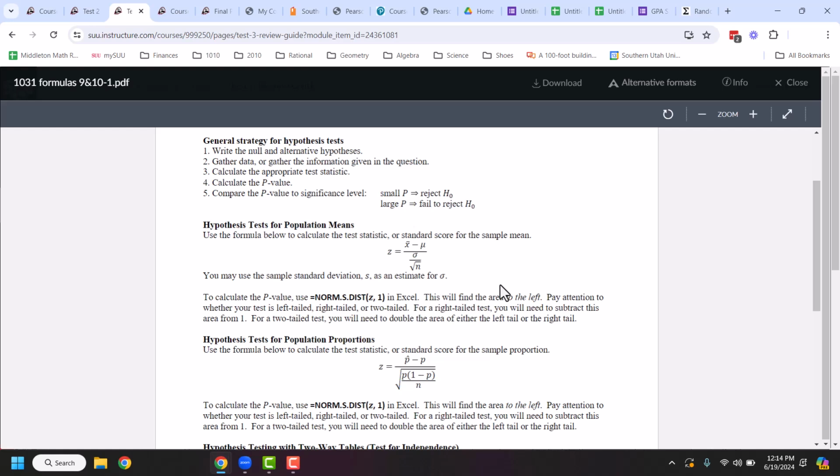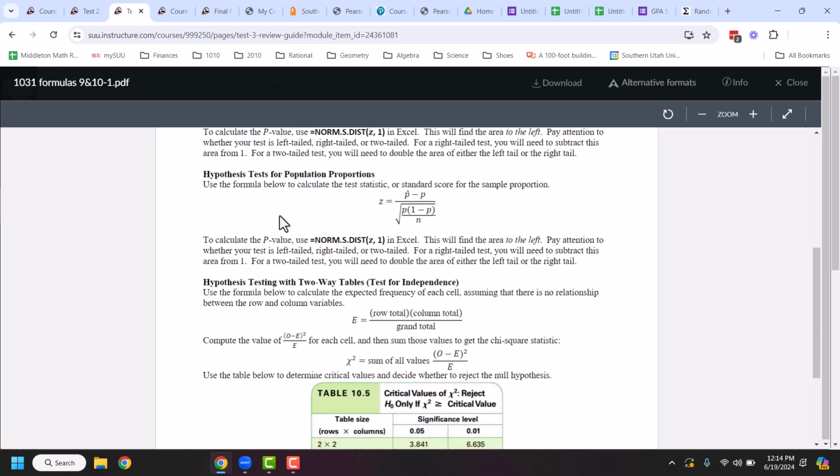But some questions might be more useful with a right-tailed test, where it only matters if the sample mean is significantly more than the population mean. And sometimes you're looking at whether it is significantly different, in which case you would use a two-tailed test, where it matters whether it's less than the mean or greater than the mean. So that's an example of when you would use that.